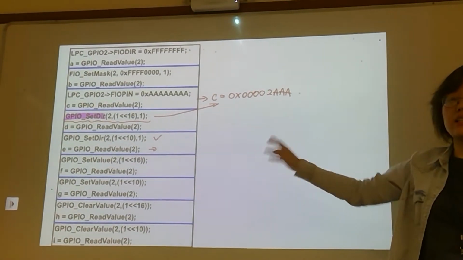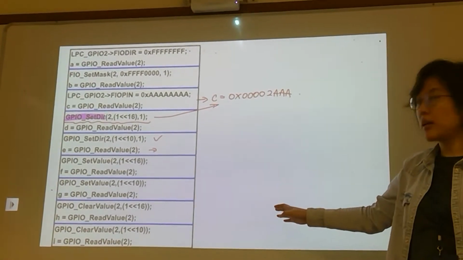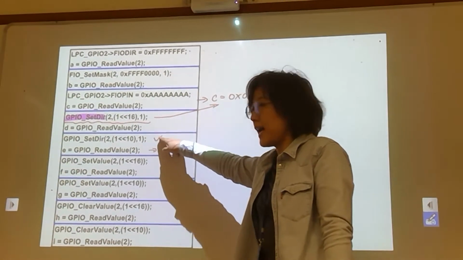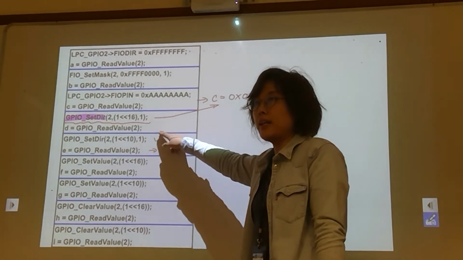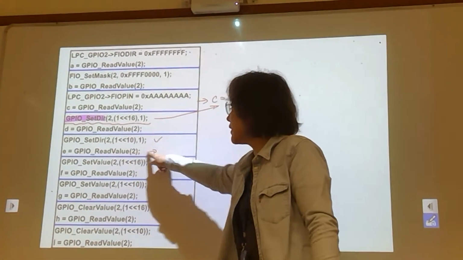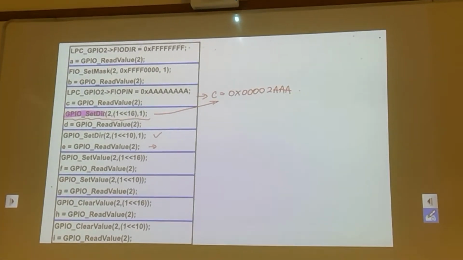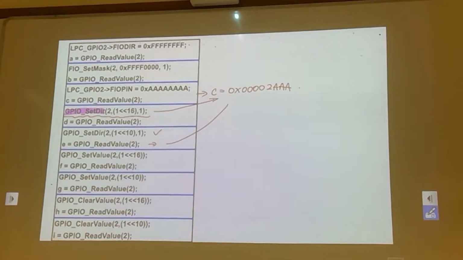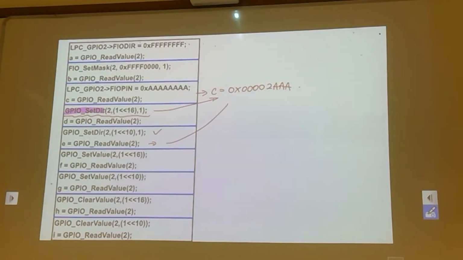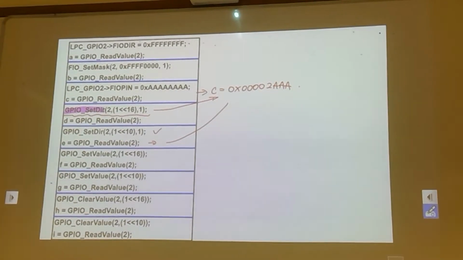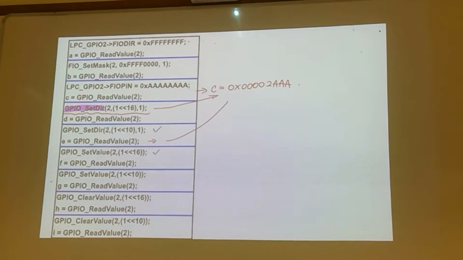You are not changing any output. So this one can take effect, it's working on your hardware, but you are not changing anything. So E is still equal to C.